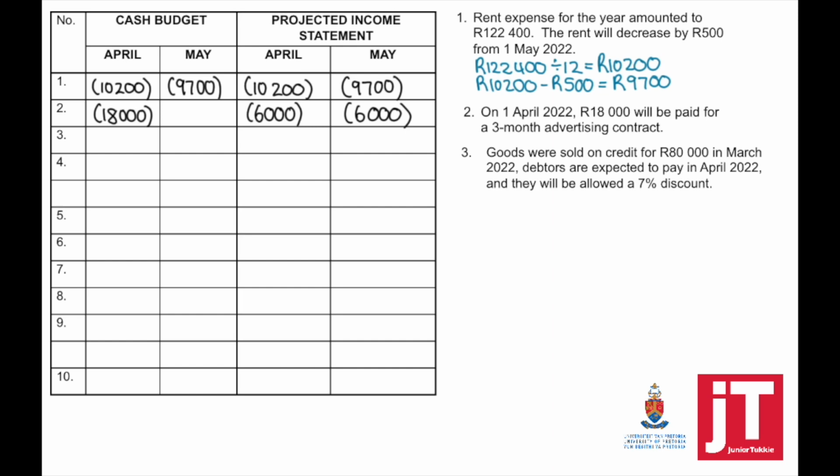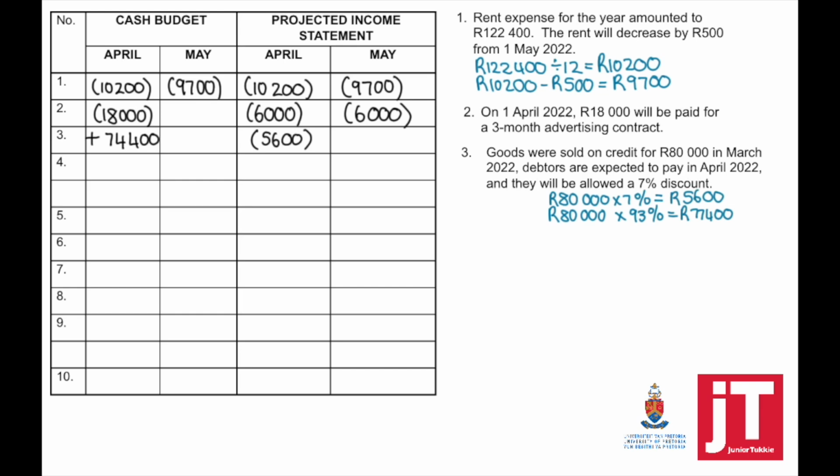It happened in March. What I need to do is show what we expect: 80,000 less the 7% discount, which means we expect only 93% of that amount to come in. So to indicate this, our receipt is going to be 74,400 for April.